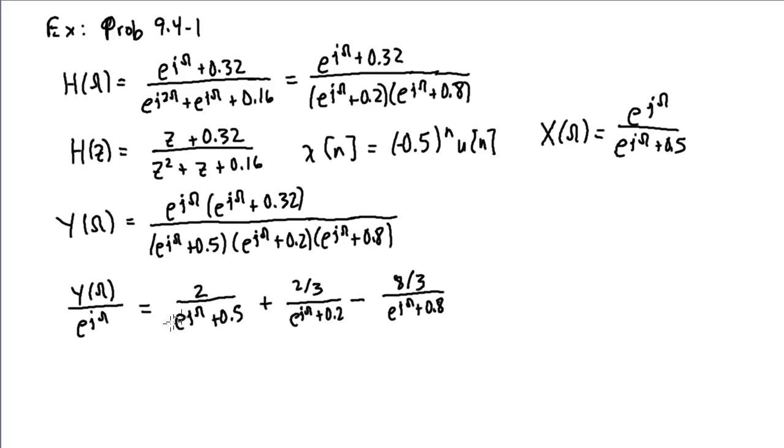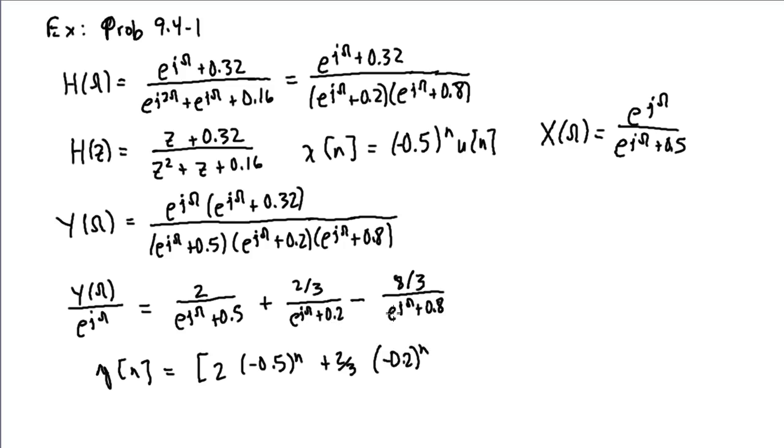Now we can restore the e to the j omega, multiply both sides by e to the j omega, introducing an e to the j omega term in the numerator for each of these, and then immediately we can find the corresponding output sequence. It is 2 times minus 0.5 to the n. That's the inverse transform of this term, plus 2/3 times minus 0.2 to the n.